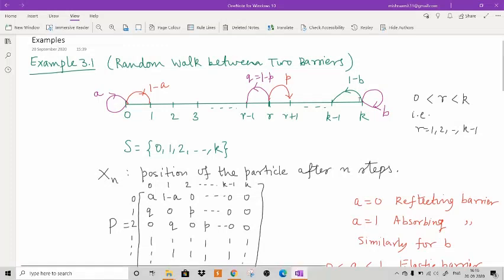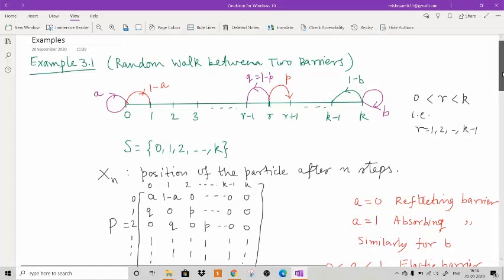For example, if it is on the right hand side boundary, that means at state k, then it can remain at state k with probability b, or it can move backward to state k minus 1 with probability 1 minus b. Similarly, if it is on the boundary on the left hand side, then it can remain at position 0 with probability a, or it can move forward to state 1 with probability 1 minus a.